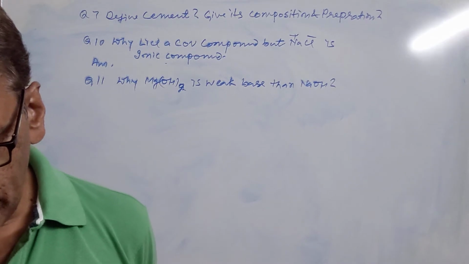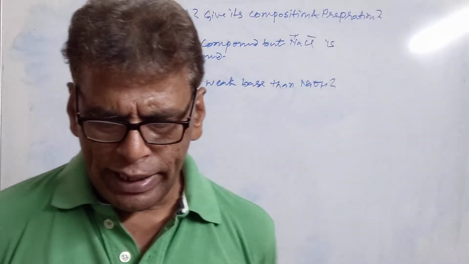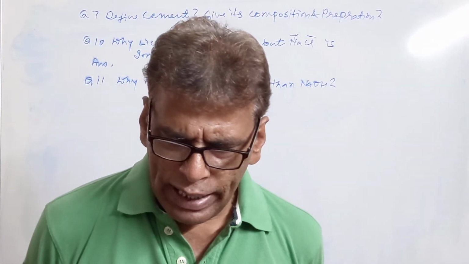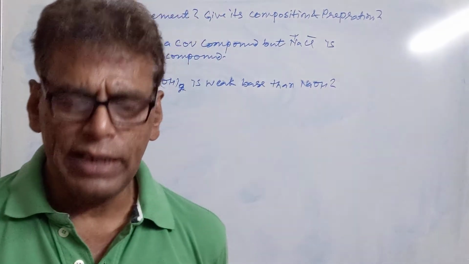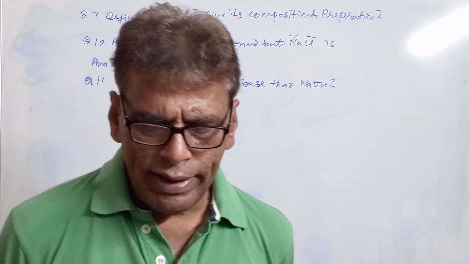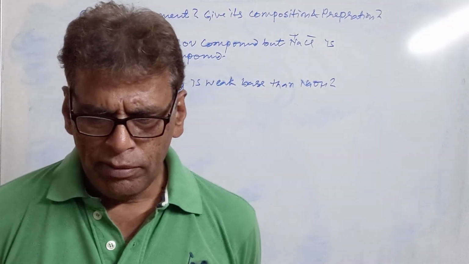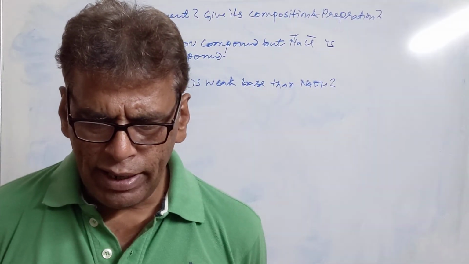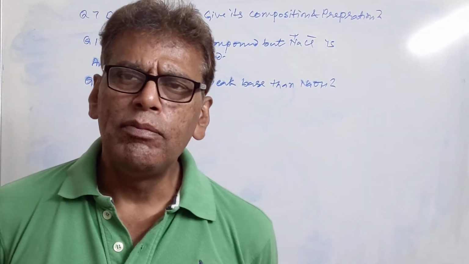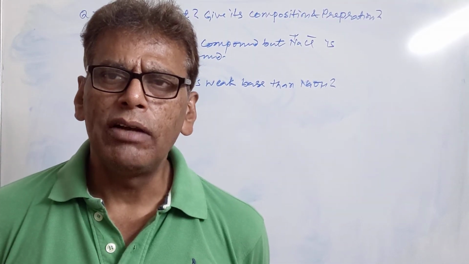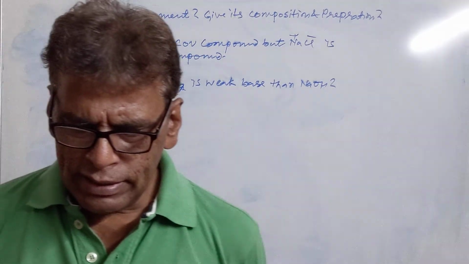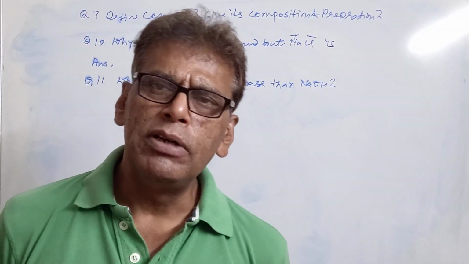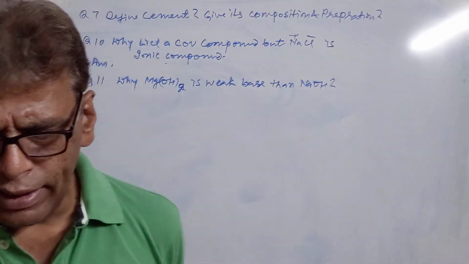Then comment upon characteristics of sulfates of second group elements. The sulfates of alkaline earth metals are quite stable and do not decompose on heating, but at very high temperature they decompose into metal oxide, sulfur dioxide and oxygen gas. Generally they are stable.